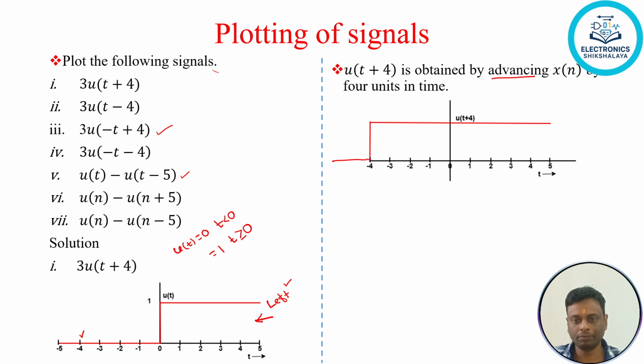Then minus 5 is 0, minus 6 is 0, and so on. We have shifted u of t towards the left side by 4 units, so this is our u of t plus 4.